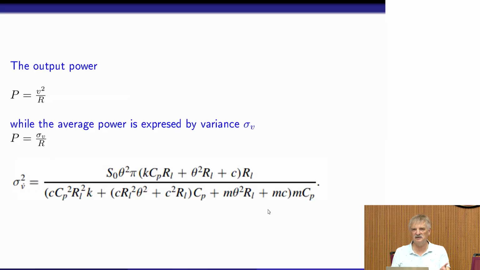So the first paper was in the dimensional system. So you see all the original coefficients like mass, capacity C_p, and resistivity R_l, and also small c is like a damping coefficient. So all these components are here.